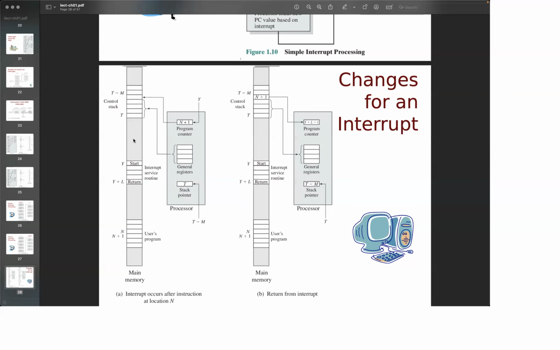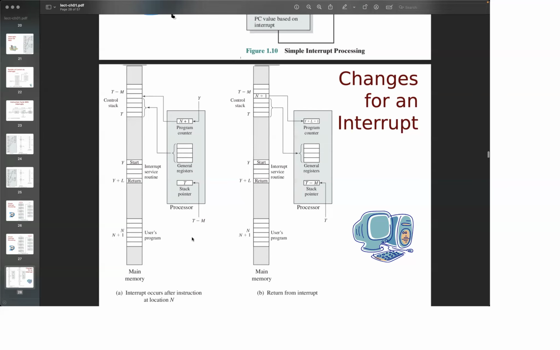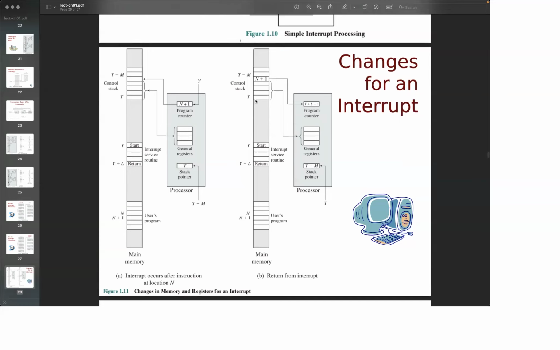And at a certain moment, we have the interrupt routine starting from here, Y, and the length is L. Then we have this area for the user program. Once the interrupt comes in, we execute. And because right here, you can see Y plus L, the Y is right here.